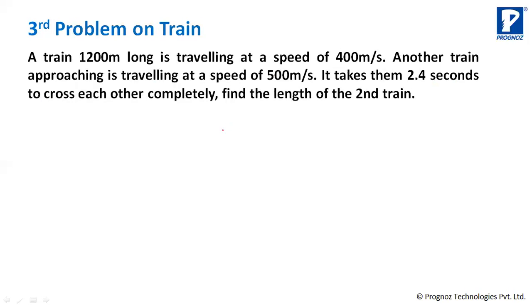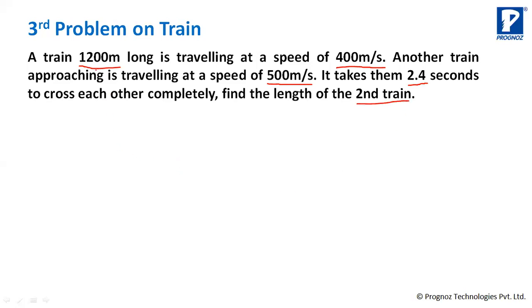Let's see the third problem. A train 1200 meters long is traveling at a speed of 400 meters per second. Another train approaching is traveling at a speed of 500 meters per second. It takes them 2.4 seconds to cross each other completely. Find the length of the second train.